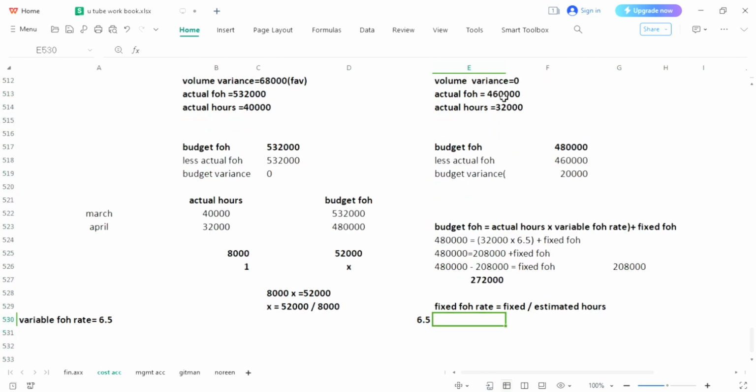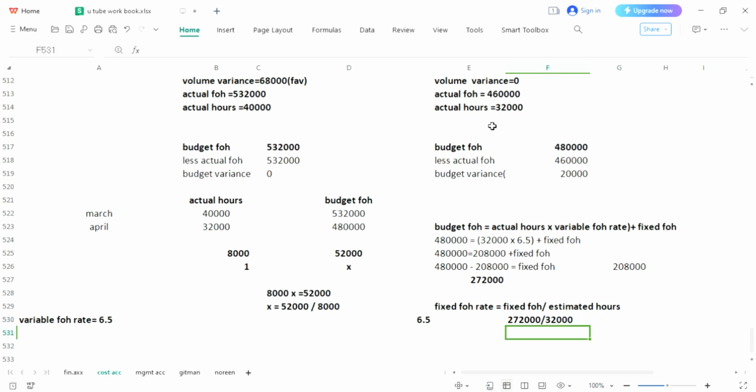We need to calculate fixed FH rate. For that, we must have fixed FH first, and as you know, fixed FH has been calculated. Fixed FH was 272,000. So you can put 272,000 over here, and it would be divided by estimated hours. You can see actual hours 32,000 would be used over here.